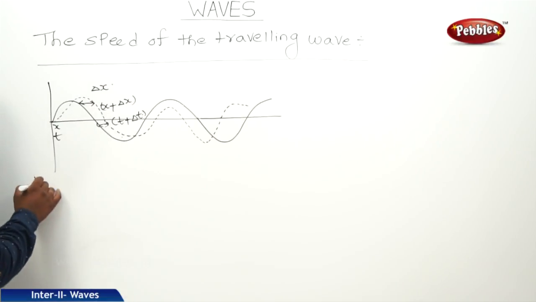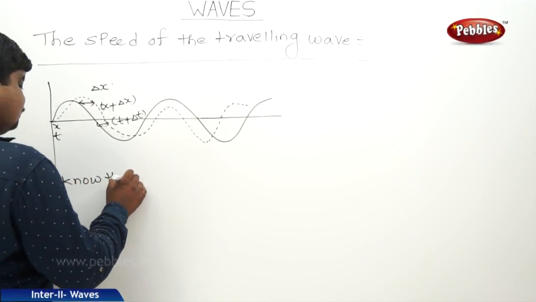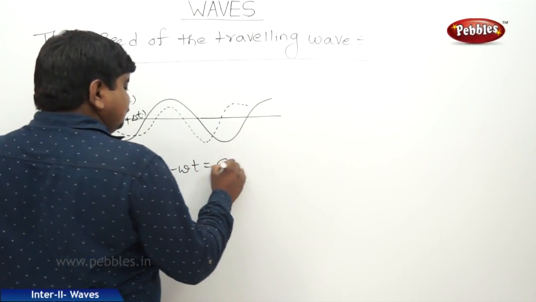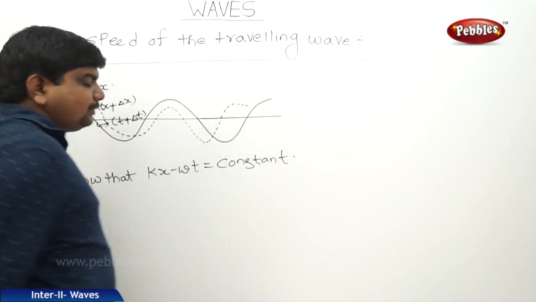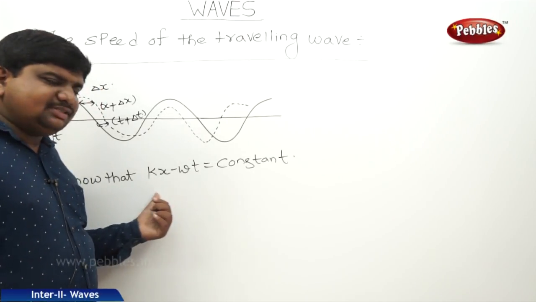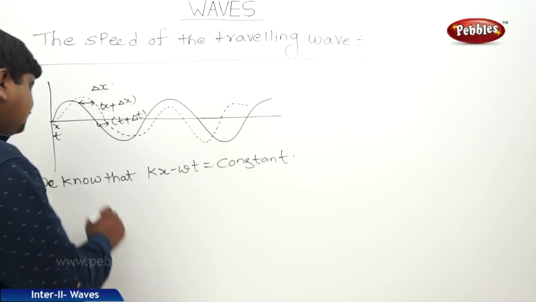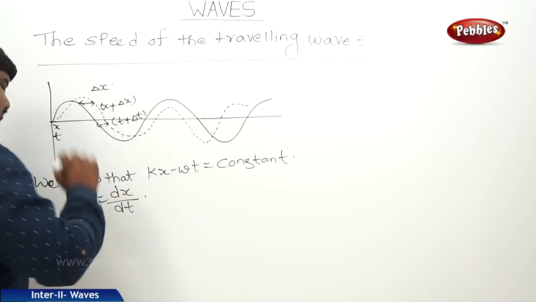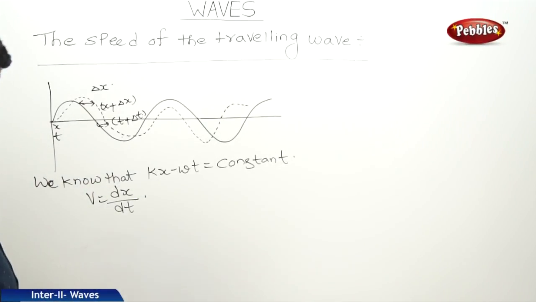We know that kx minus omega t is equal to constant. So let us assume this kx minus omega t is equal to constant, and that is equal to 0. We know that v is equal to dx by dt, the rate of change in position or displacement.